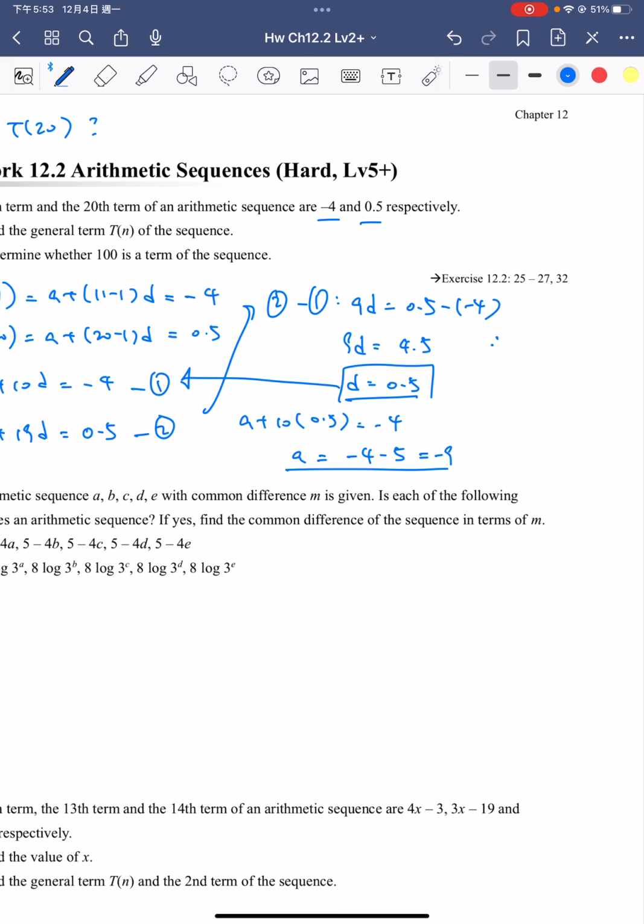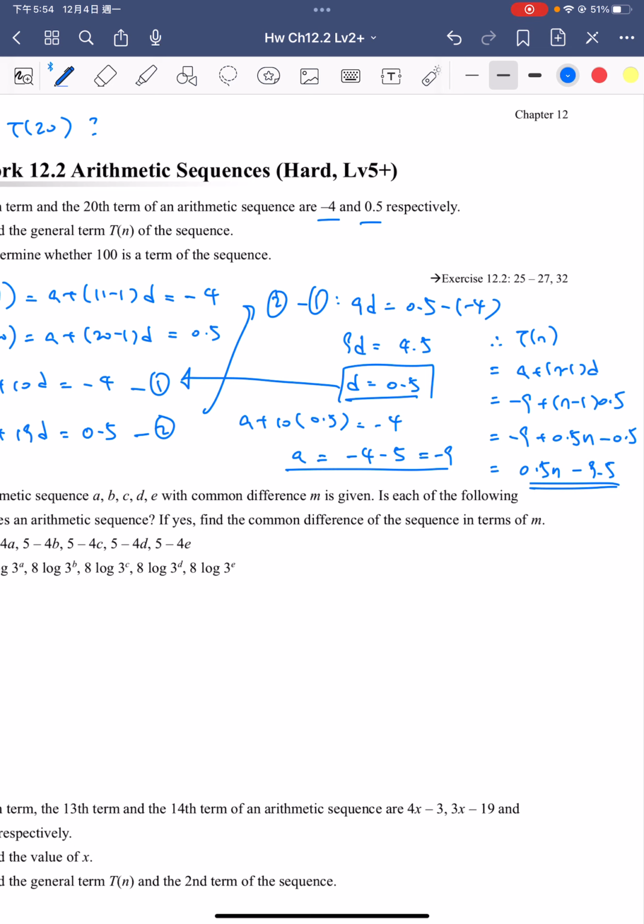Then the general term Tn is equal to a plus (n minus 1) times d, so we substitute: -9 plus (n minus 1) times 0.5. Expanding the bracket, we have -9 plus 0.5n minus 0.5. So the final answer is Tn equal to 0.5n minus 9.5.